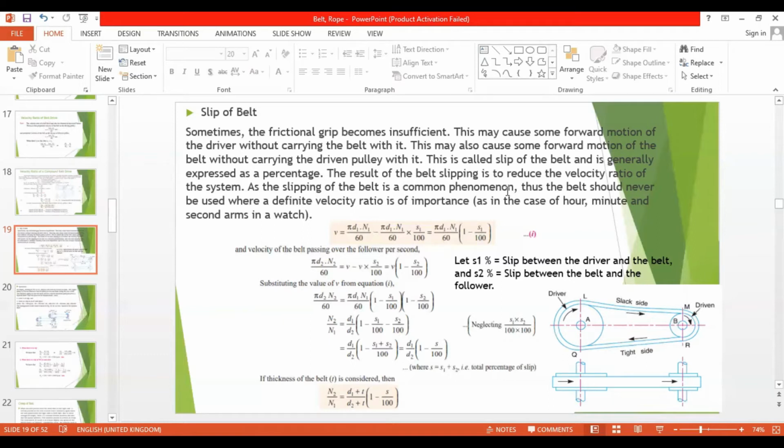If you need a definite velocity ratio, say you are giving some power to the driver and you are expecting the driven to deliver 100 watts of power. But after going through all these slips, it may give you only 95 watts.